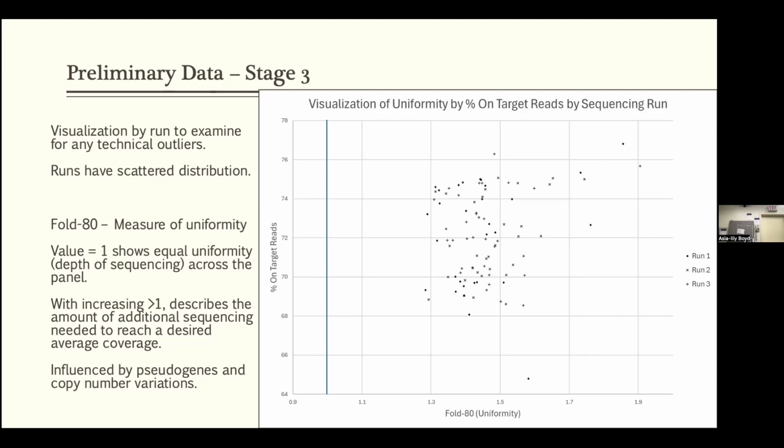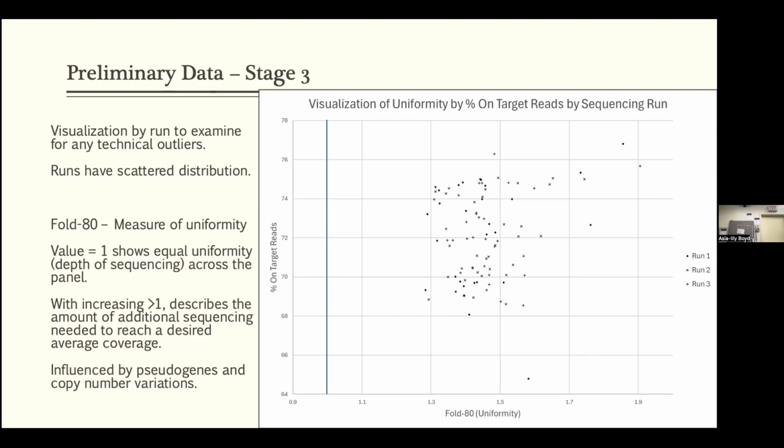That will be influenced by pseudogenes in the sense that if you have a lot of genes in your targeted panel that also have pseudogenes and your mapping is misaligning, you're going to lose, because this is a measure only on the on-target reads, not on all the raw reads.